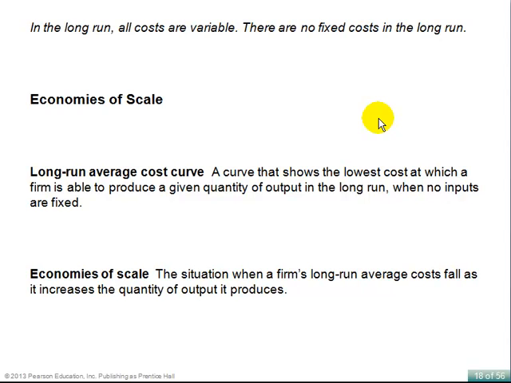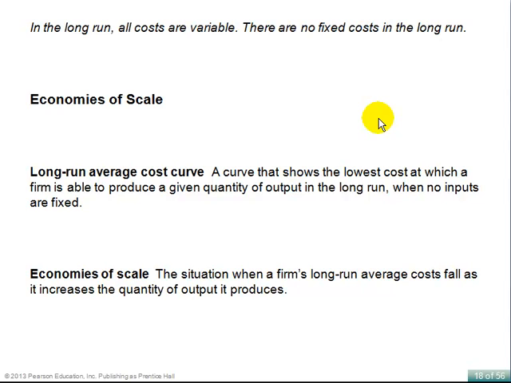The same would be true of any other fixed costs a company like Jill's might have. Once a company has purchased a fire insurance policy, the cost of the policy is fixed. But when the policy expires, the company must decide whether to renew it, and the cost becomes variable. The important point here is, in the long run, our costs are variable.